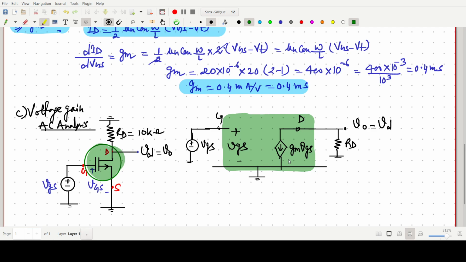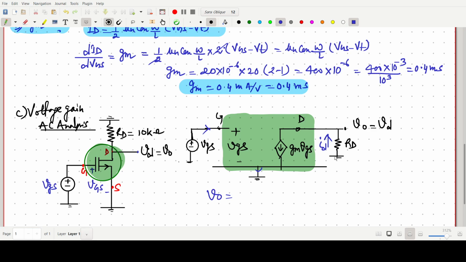This representation is that. So now we have to find the voltage gain. For the voltage gain calculation, for example, I am saying some current is flowing like this, GMVGS. So I am saying this one is our ID, the AC one. This is the AC representation, so the small i, small d, all should be in small letters.